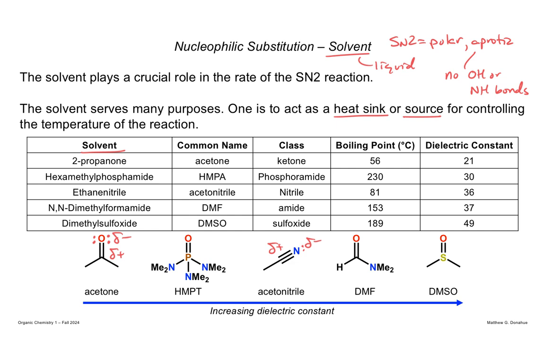The other nice thing about these solvents is they have fairly simple, unique proton NMR spectra, so that when you analyze your product, you know if they're still in there or not.